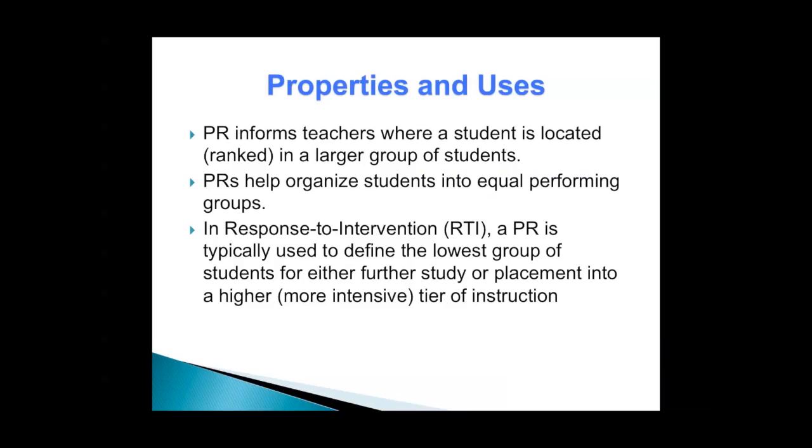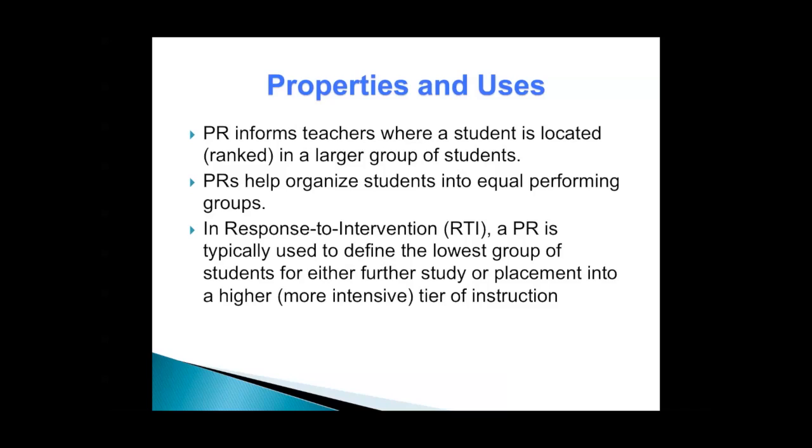Percentile ranks are an important metric for teachers to use in evaluating risk. Basically, a percentile rank informs teachers where a student is located in a larger group. And as you remember in the introduction, this group of students is ranked from high to low. And so percentile ranks help teachers organize these students into equally performing groups.